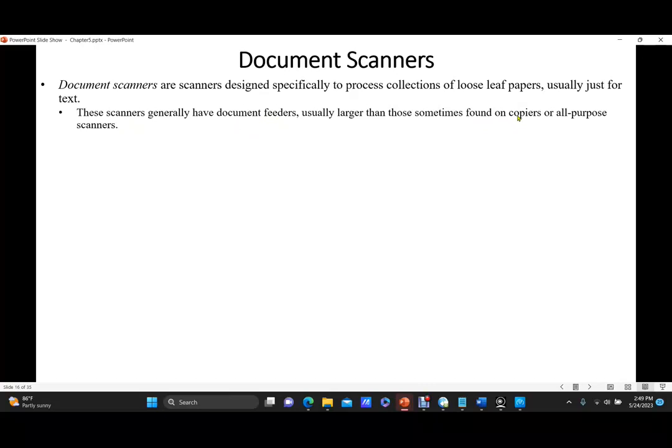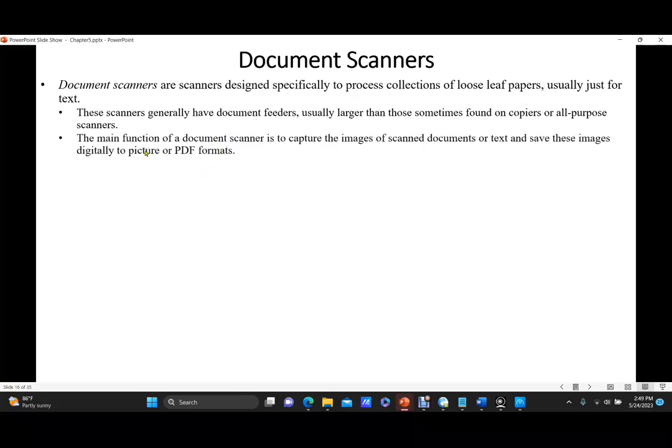Many all-purpose copiers and all-purpose scanners will also have document feeders, but the document scanners will have larger, better document feeders. The main purpose of the document scanner is to capture images of scanned documents or text and save these images digitally to either picture or PDF format.